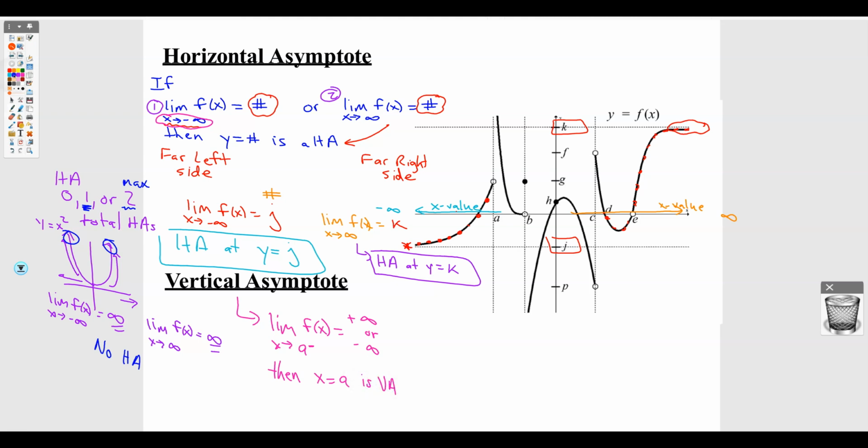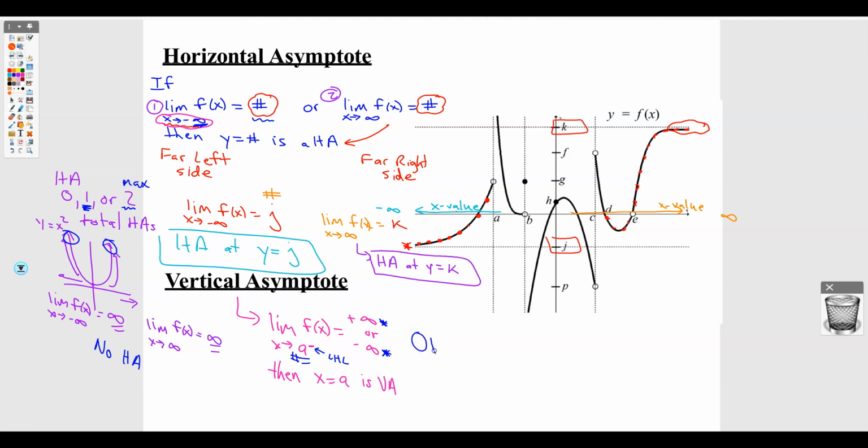So instead of approaching infinity and getting a number answer, we're going to reverse it. We're going to approach a specific number, and this is a left-hand limit, right? We approach it from the left, and I don't care what the answer is as long as the answer is one of the infinities. So instead of doing the limit at the infinity and getting a number answer, that's our horizontal asymptote, we're reversing it. We're going to do a limit at a number, and the answer has to be one of the infinities.